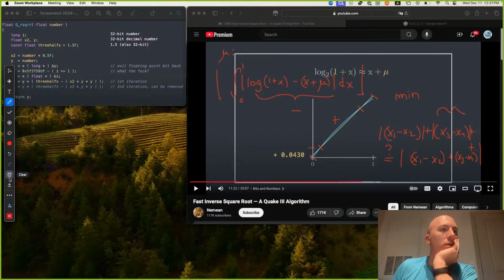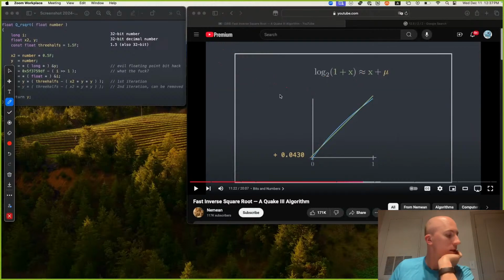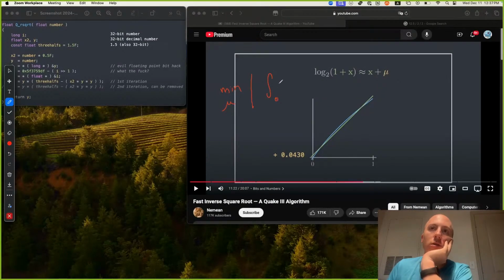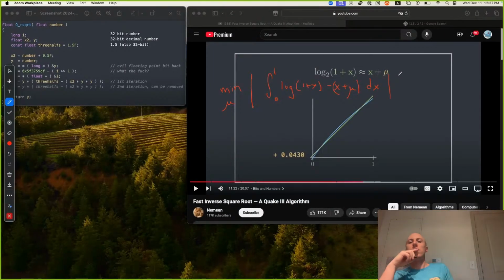But just to get a little closer to what the optimization would look like, we want to minimize over mu the absolute value of this integral from 0 to 1 of, and we'll say that mu star is equal to this thing.